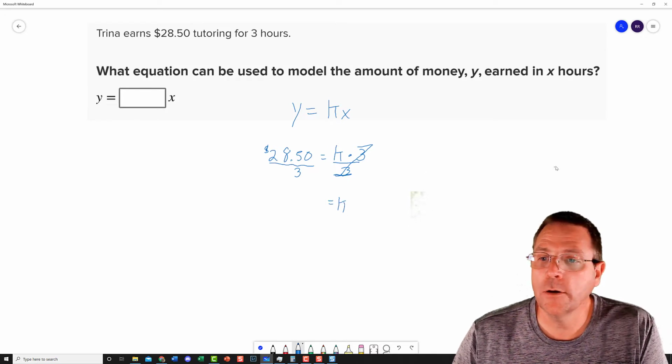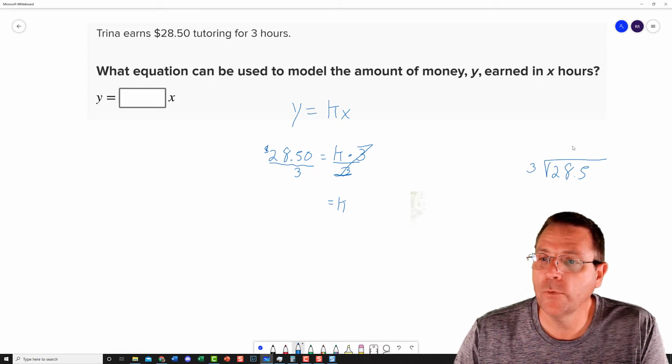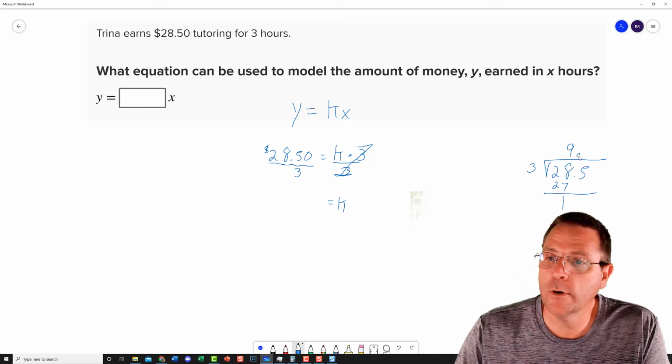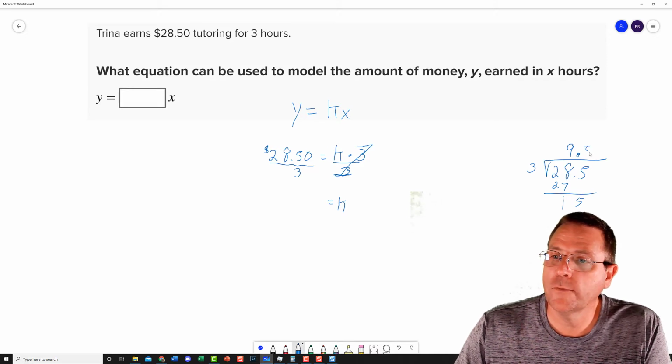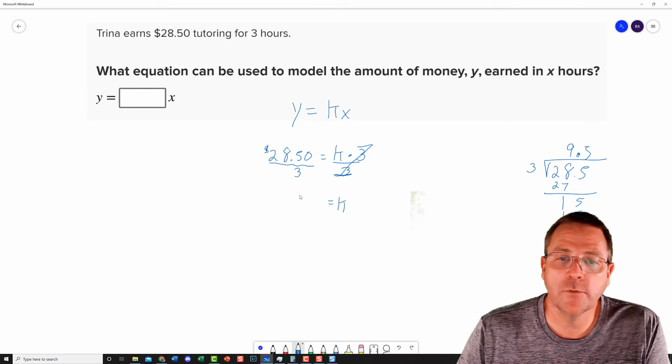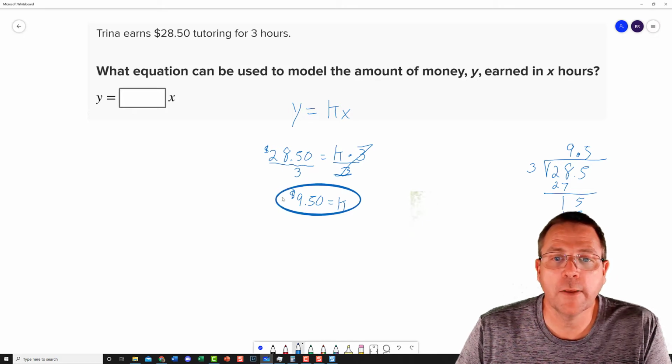And when you plug it in over here, let's go ahead and do our grunt work on this. 28.5 divided by 3. 3 goes into 28 9 times, which is 27, with 1 left over. The decimal goes up, the 5 comes down. 9 goes into 15 5 times, which is 15 with nothing left over. So my k value is $9.50 right there.